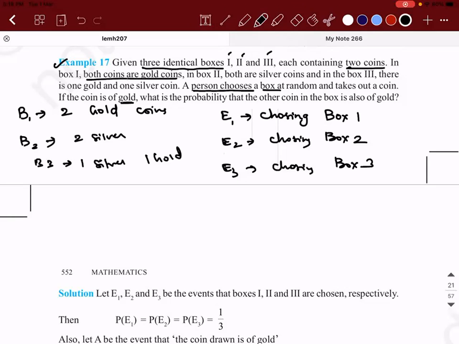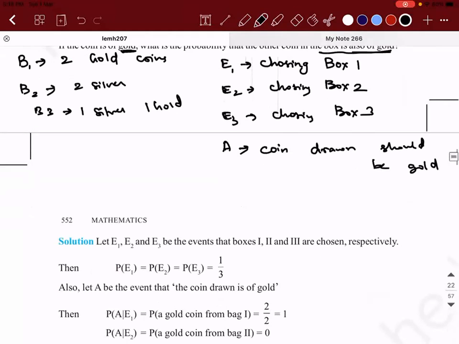Correct? So what is the event A associated with this? Event A is that the coin drawn is gold, and the probability that the other coin in the box is also gold is the conditional probability. So what am I supposed to find? What is the probability of E1 given A? Is that right?